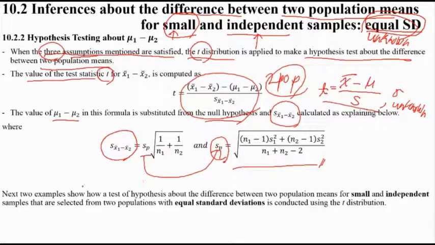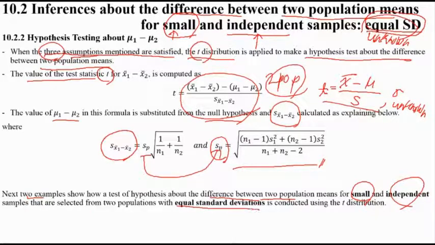All right, so let me show you two examples for using this hypothesis testing. So we have two populations, and we are testing the difference between them, where the samples are small and independent, and the standard deviations are unknown and equal.